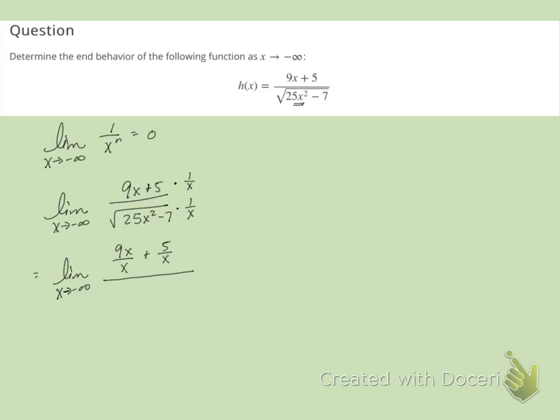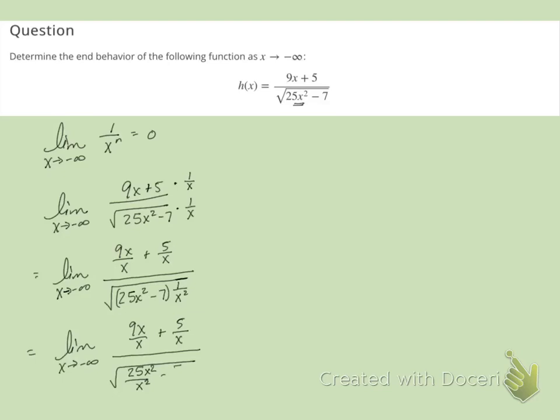When I bring it inside the radical, it's going to be a 1 over x squared when I bring it underneath that radical, giving me the limit as x approaches negative infinity of 9x over x plus 5 over x over the square root of 25x squared over x squared minus 7 over x squared.